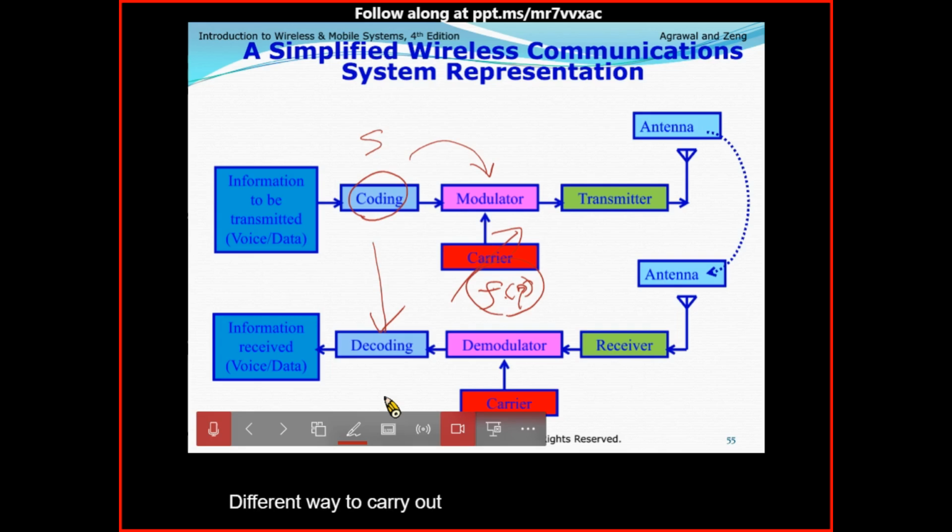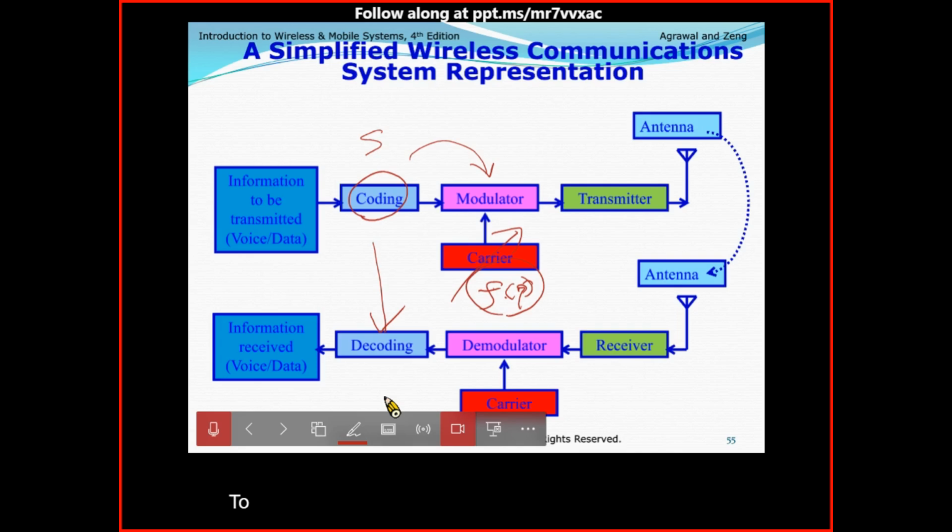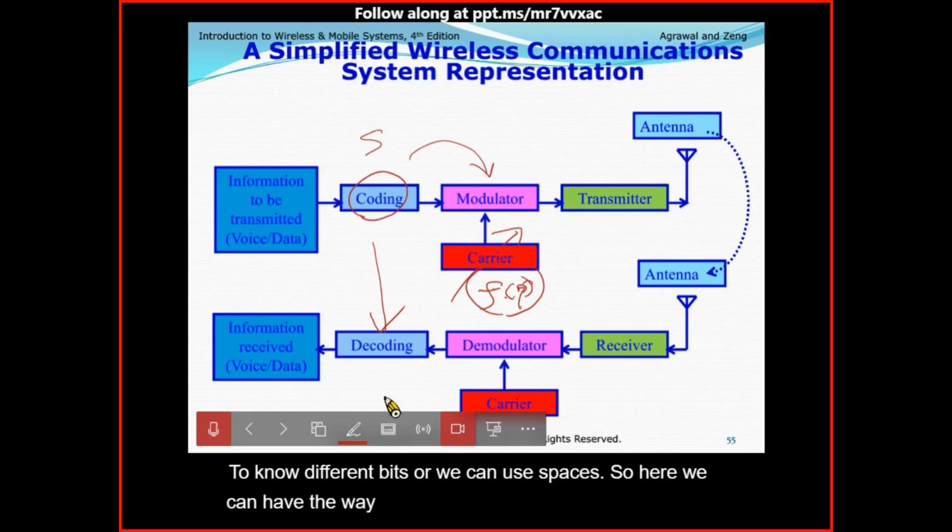For example, we can use different amplitudes to carry the information bits, or we can use different frequencies to denote different bits, or we can use phases. So here we have ways to carry the signal.